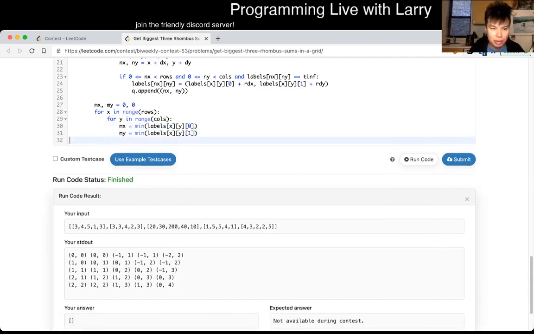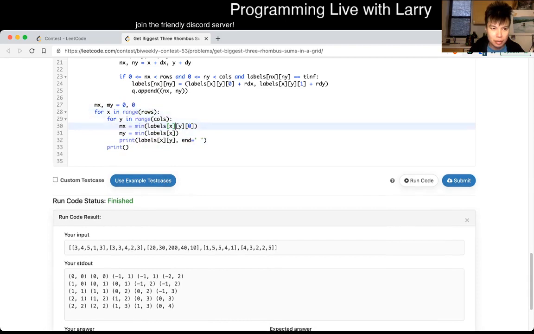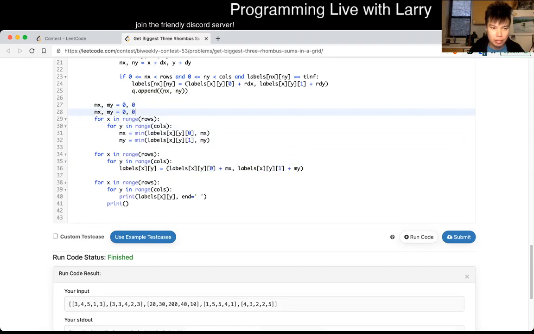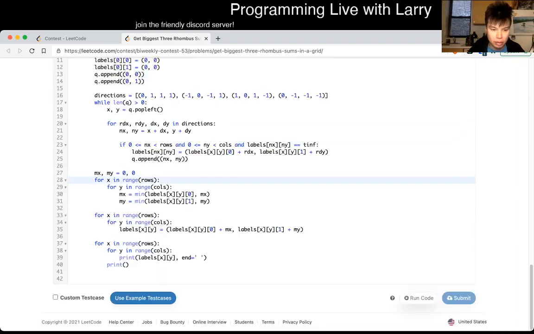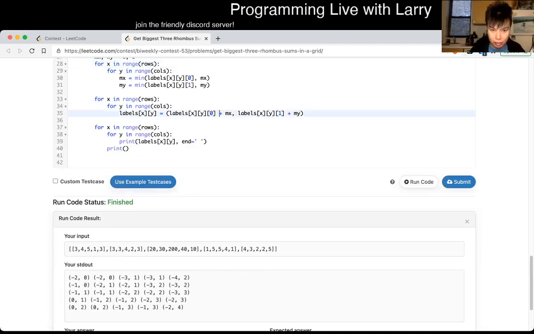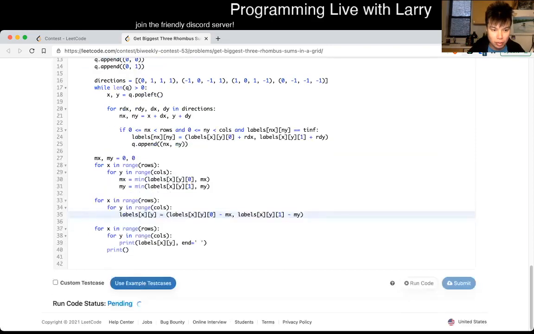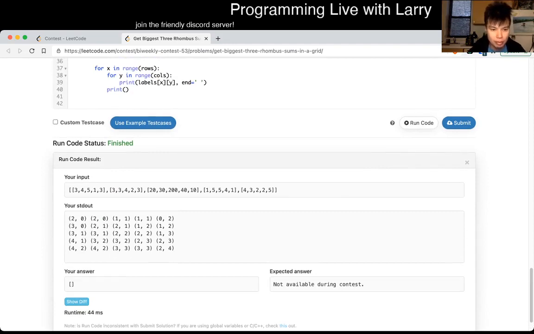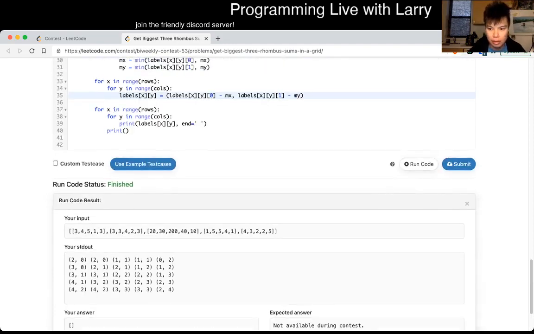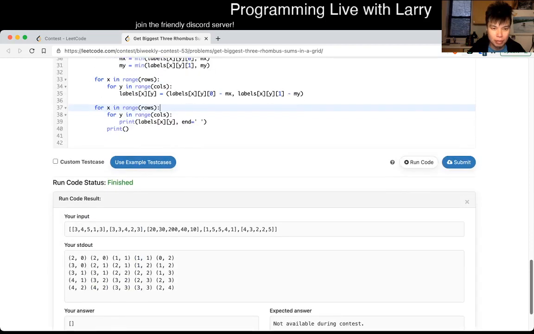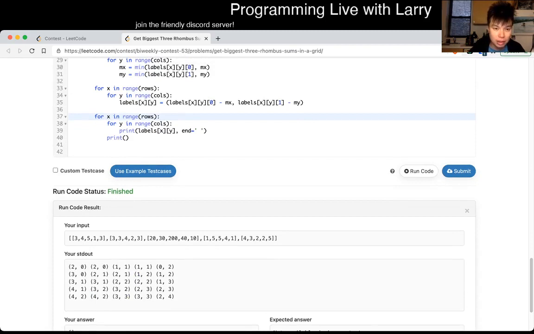Anyways. Maybe I meant 24. Okay. I'm doing this in a really weird way, of course, as you know, because I'm stuck at labeling.